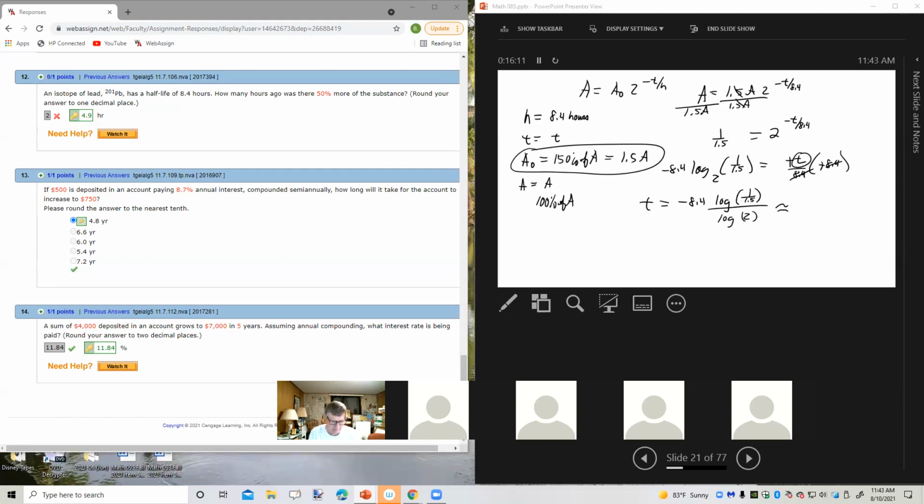So now I get negative 8.4 log of 1 divided by 1.5, close it up, divided by the log of 2, close it up, and I get 4.91368, etc. It says to 1 decimal place, the 1 rounds down, so 4.9 hours. Okay with that?